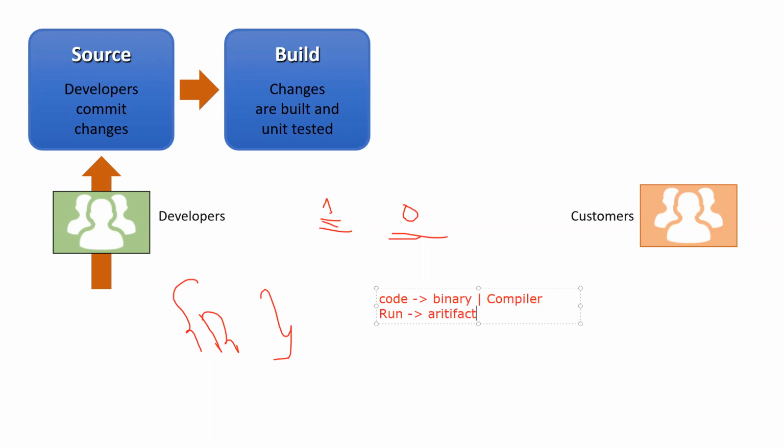Everyone, are you with me? I need an artifact to be running. After running the artifact, I need to see whether that artifact is actually running as expected, so I do need to do testing. In order to handle the build stage, I need to take the latest code from the developer and check that the changes are there.